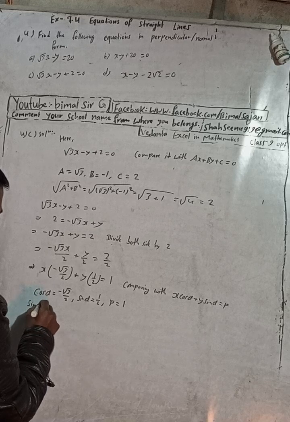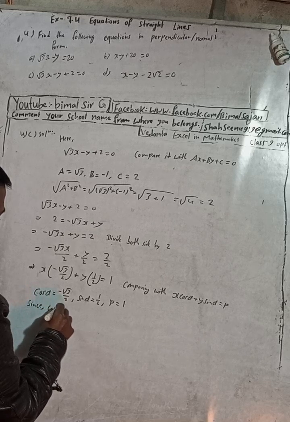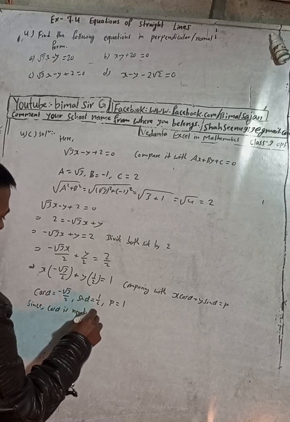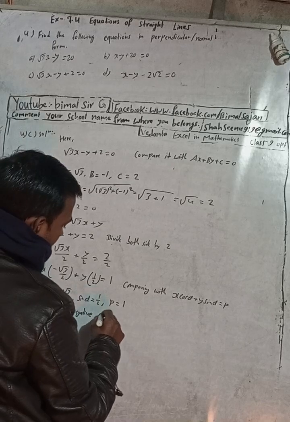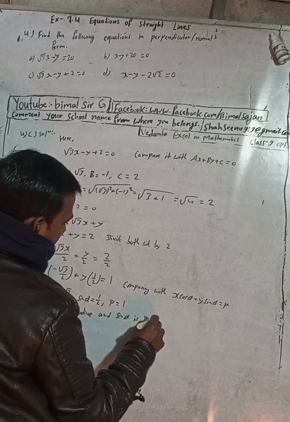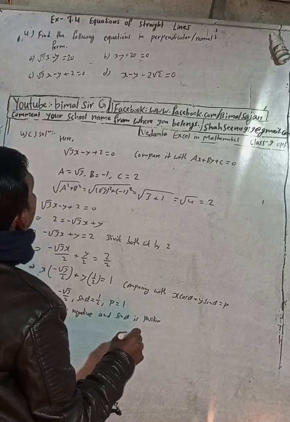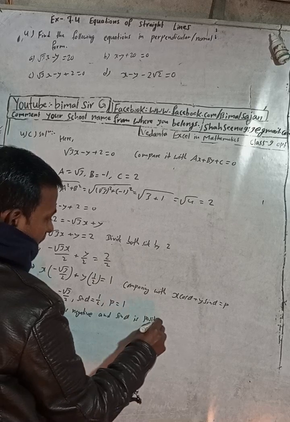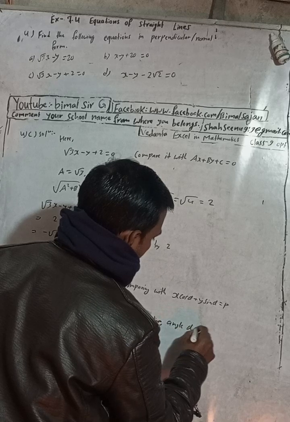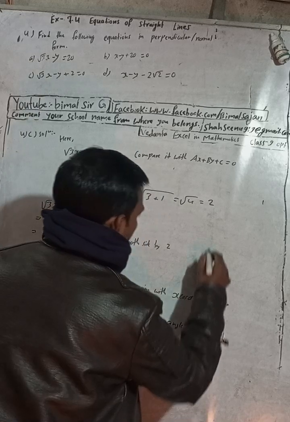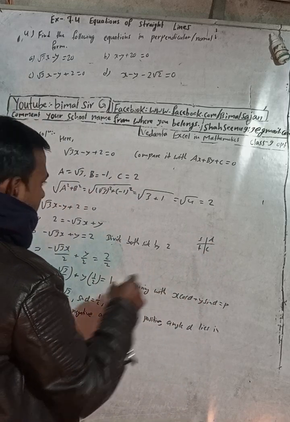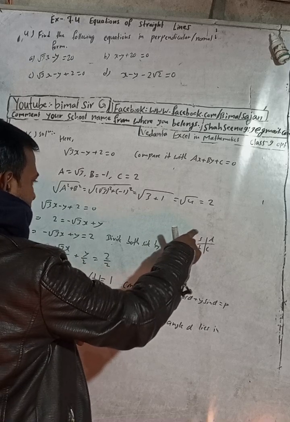Since cos alpha is negative and sin alpha is positive, angle alpha lies in the CAST quadrant system. CAST says that cos is negative and sin is positive in the second quadrant.